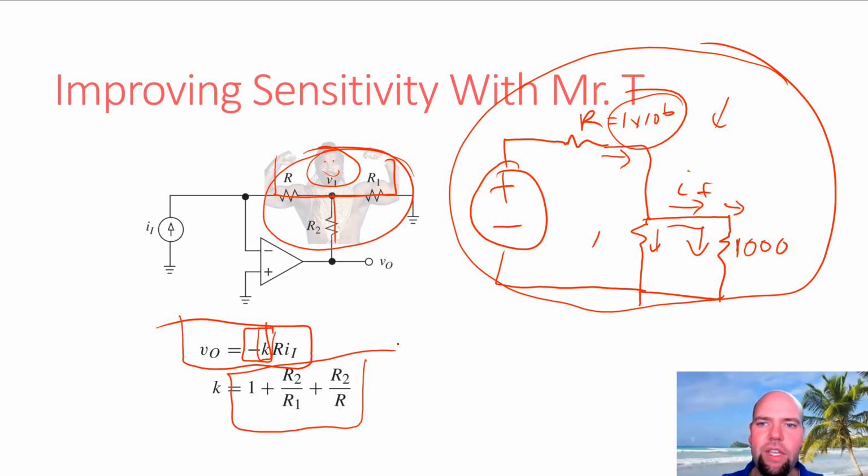For these values, this one would be R2, this one would be our feedback R, and this one would be R1.